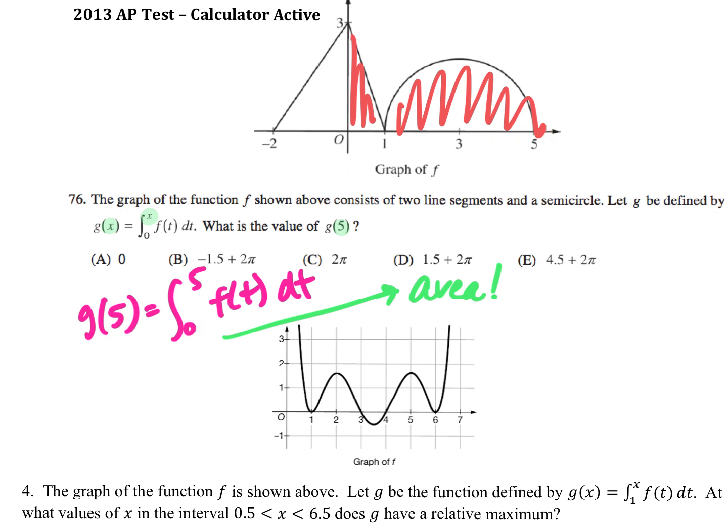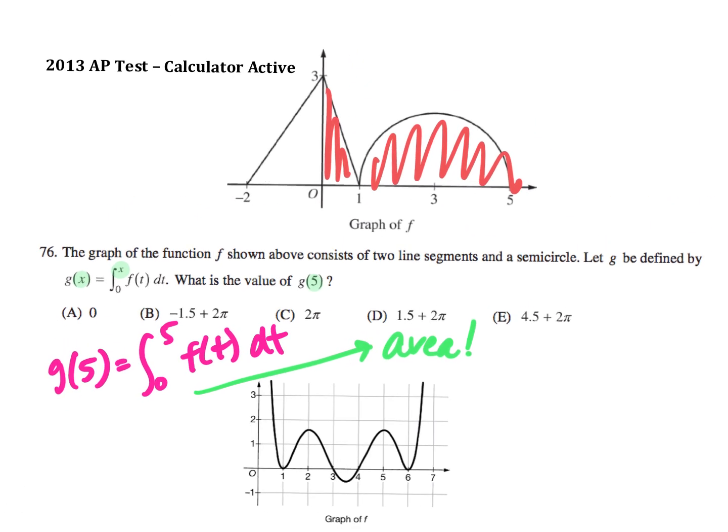From 0 to 5, let's go find the area of that first triangle. The base is 1, the height is 3, so half of 3 is 1.5. Plus the area of that semicircle, pi r squared: pi times 2 squared divided by 2, because it's a half circle.